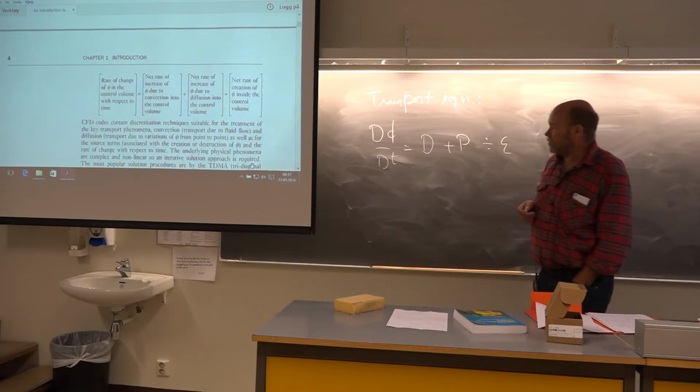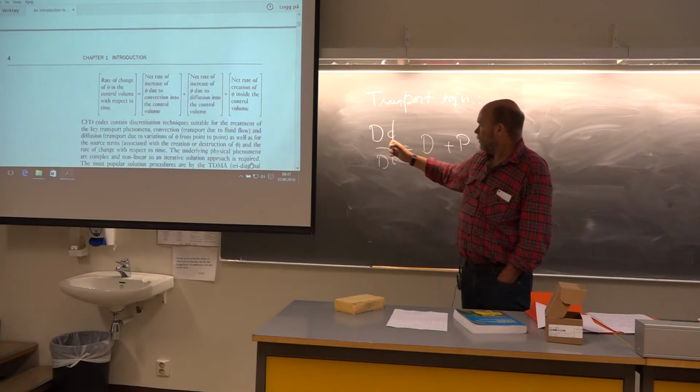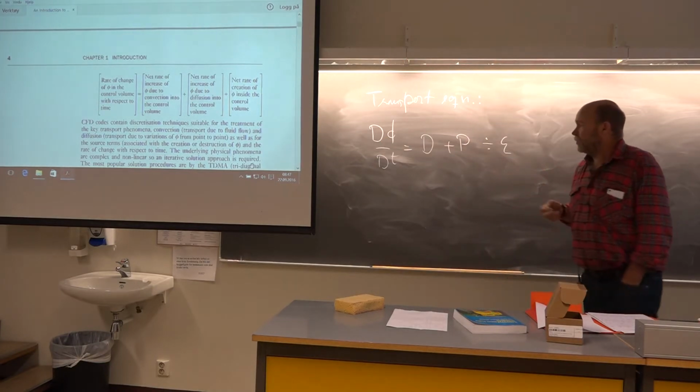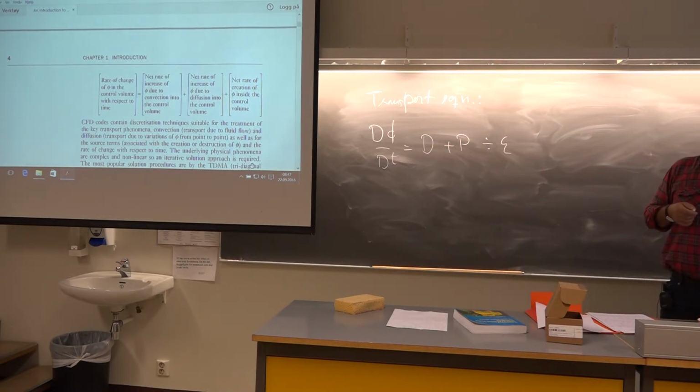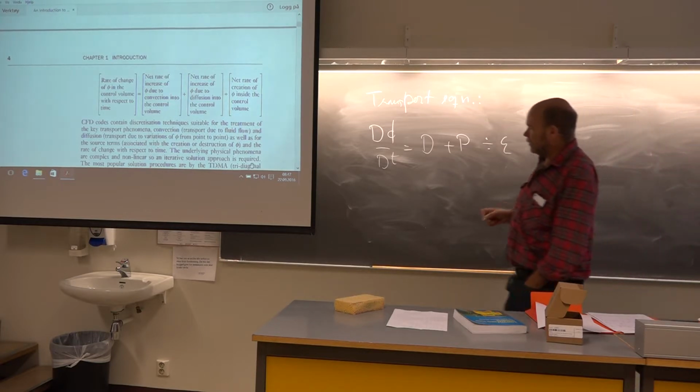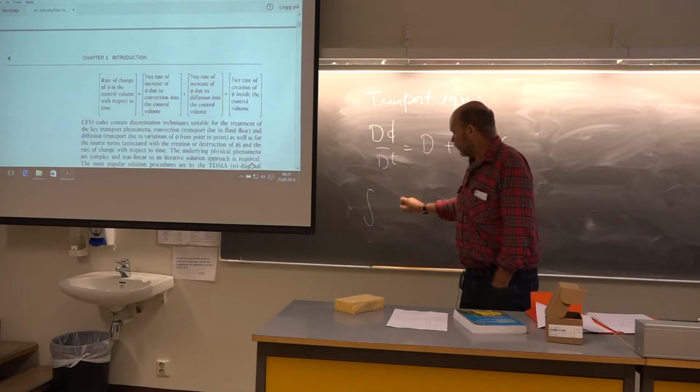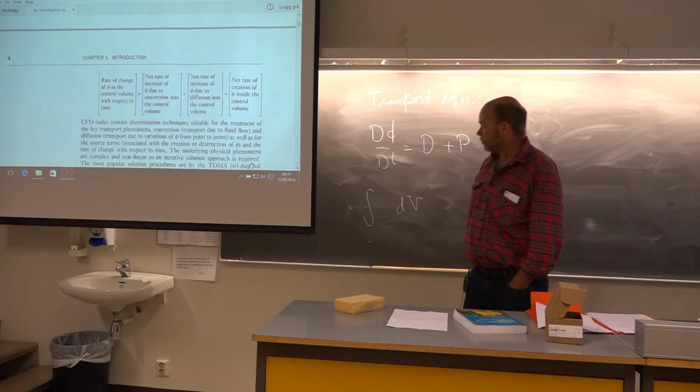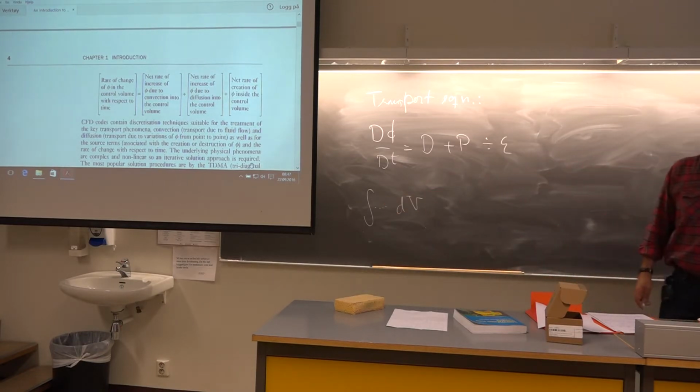Also, here it's written in a differential form, but maybe we should have written it in an integral form, the volume. So have each term written as a volume integral. Maybe that would have been better. We'll see.